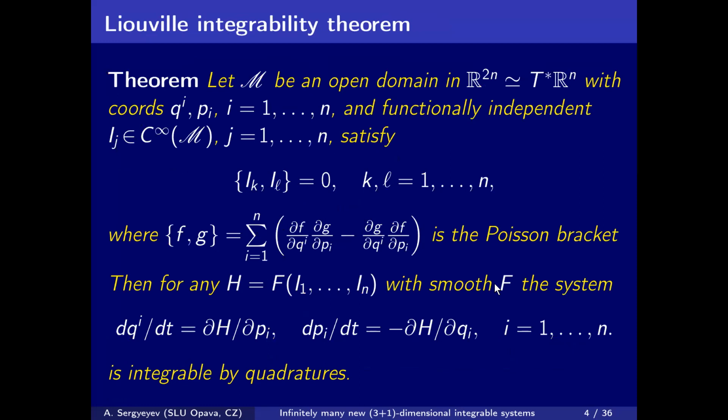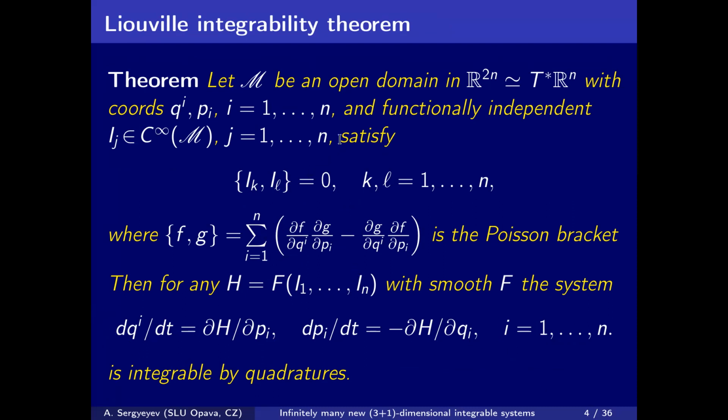Okay, and also we have here a beautiful Liouville theorem, which applies to a particular class of dynamical systems, or systems of ODEs, namely Hamiltonian systems, which you see here.